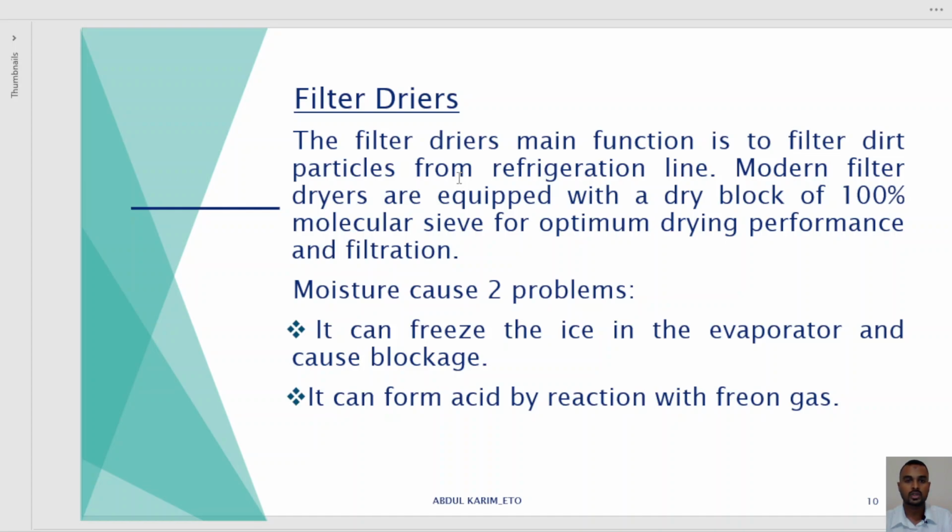That means if there is some water mist in the refrigerant, at that instant the dryer can absorb it, because silica gel is used in the dryer. Moisture causes two problems mainly. It can freeze into ice in the evaporator and cause blockage. It can form acid by reaction with the refrigerant gas.